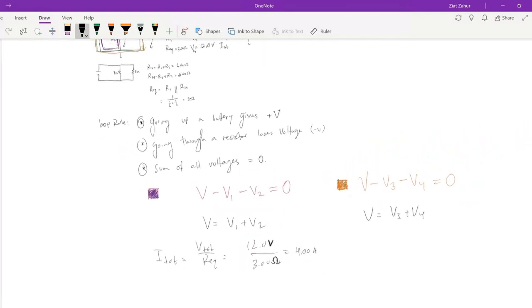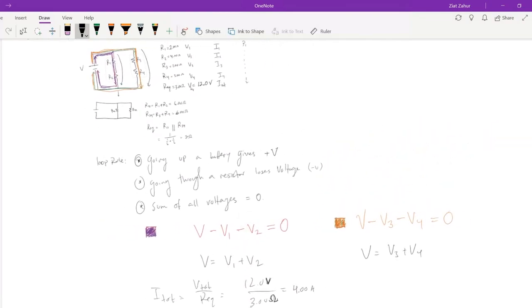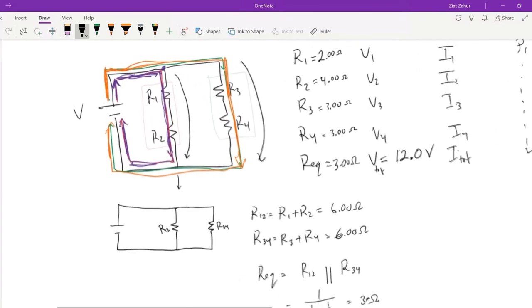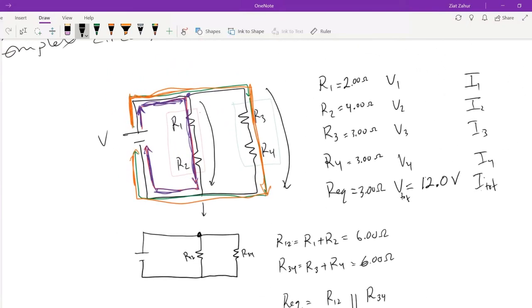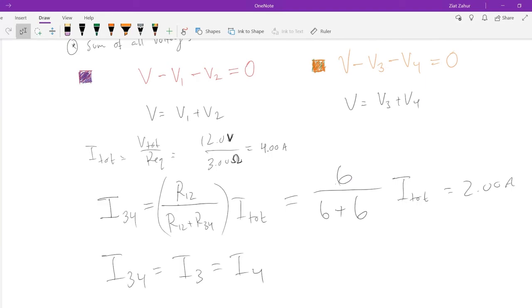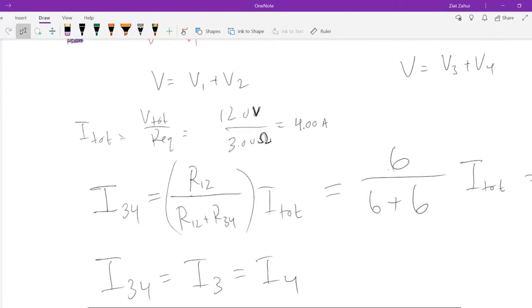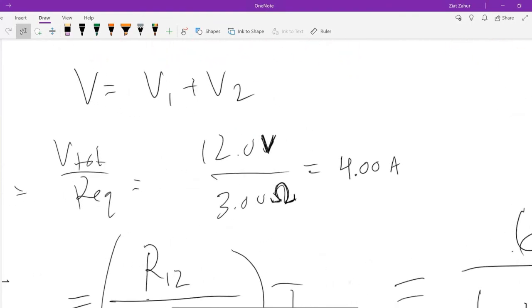Okay. Now, that 4 is the total current, so that 4 amps is coming into our junction right here. I don't know how much time I have, so let me finish up this problem and then I will have to take apart and try to fix my system. We found I total was 4 amps.